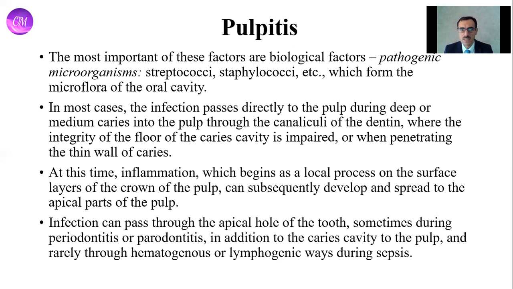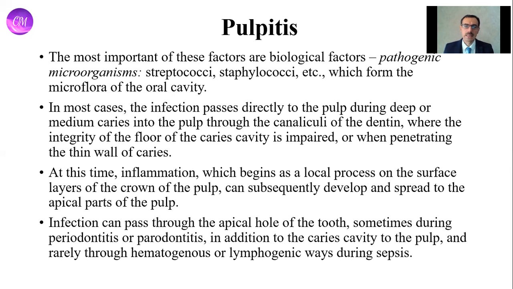In most cases, the infection passes directly to the pulp during deep or medium caries through the canaliculi of the dentin, where the integrity of the floor of the caries cavity is impaired, or when penetrating the thin wall of caries. At this time, inflammation, which begins as a local process of the surface layers of the crown of the pulp, can subsequently develop and spread to the apical parts of the pulp.